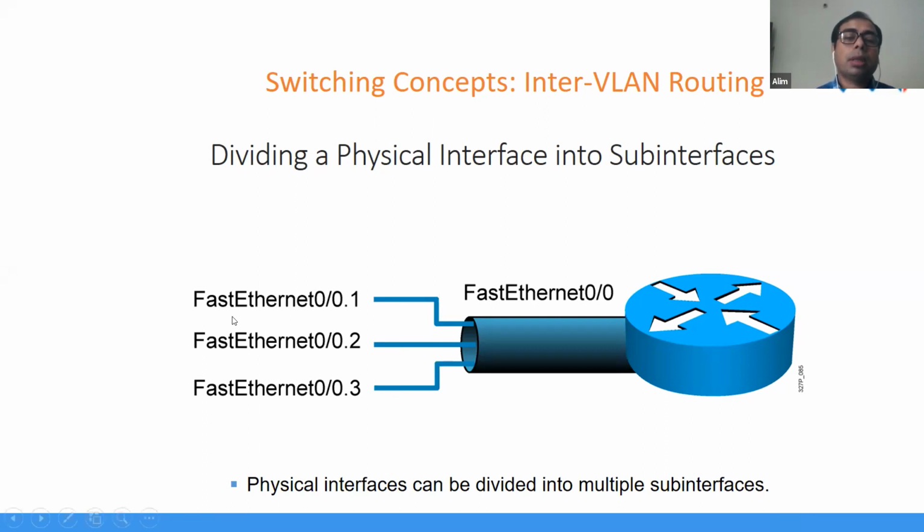For example, here one interface is shown for the router. The interface name is FastEthernet 0/0. This is the physical identification of this interface.